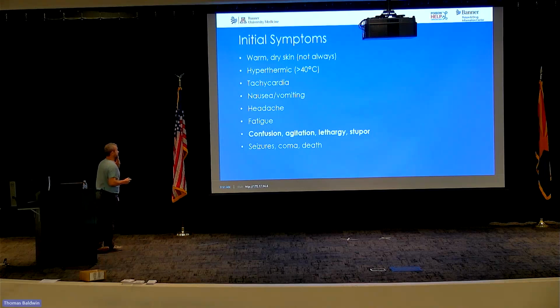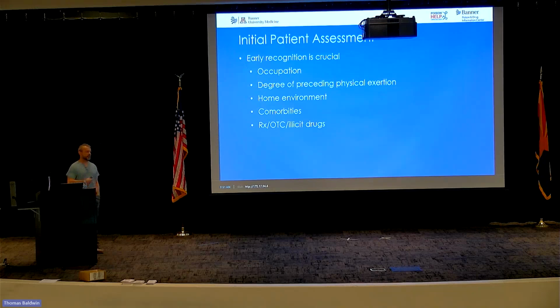And this can progress quite rapidly from not insignificant symptoms into life-threatening effects. So it's that early recognition, that early assessment that heat could be contributing to the clinical effects of this patient, that is very essential to get them rapidly treated so you can have a good outcome.